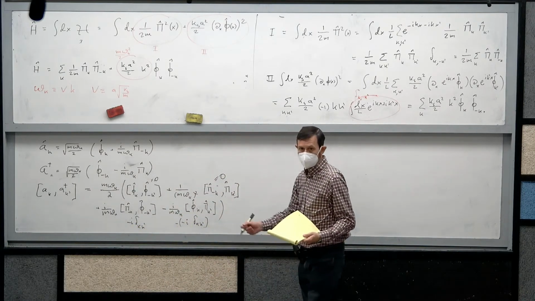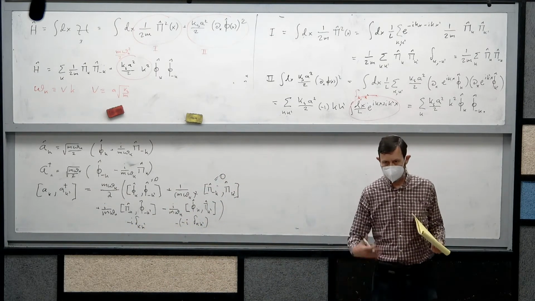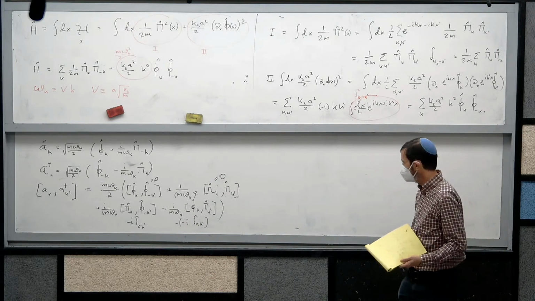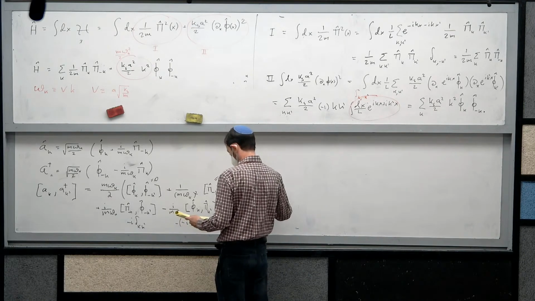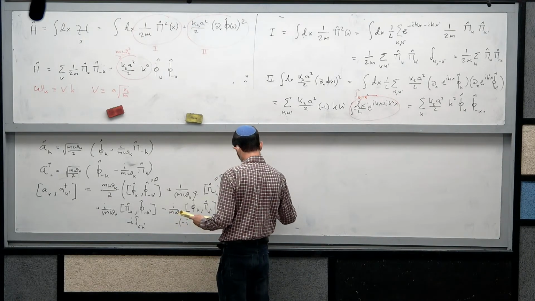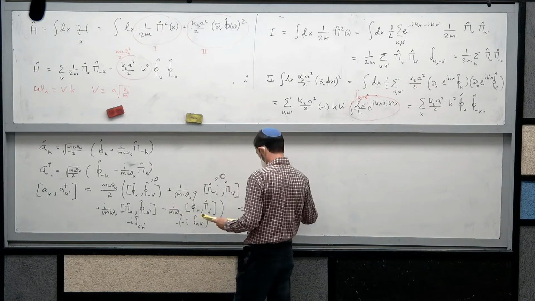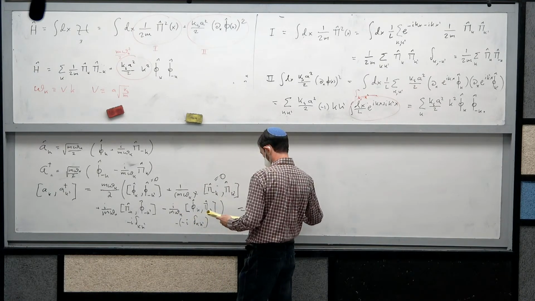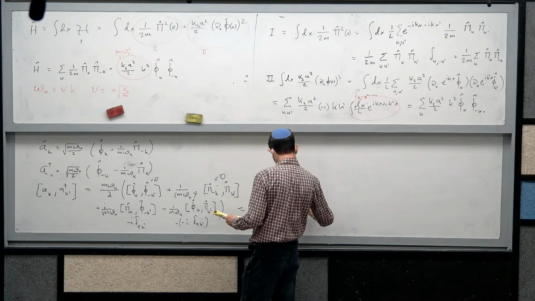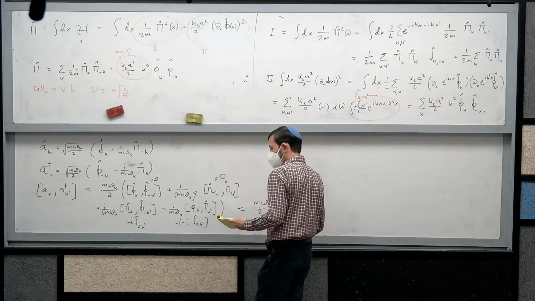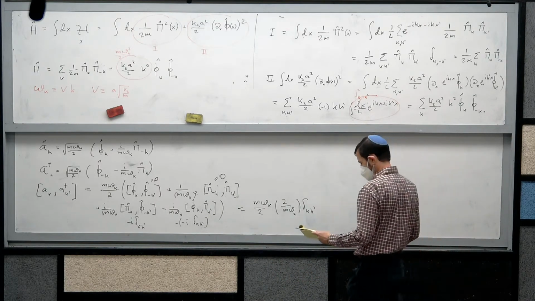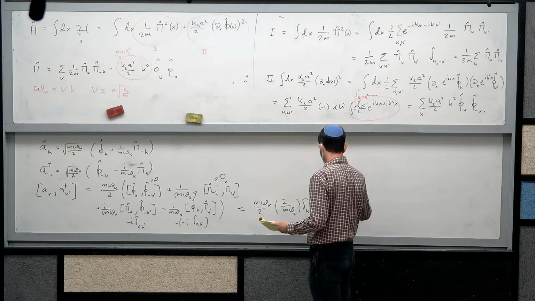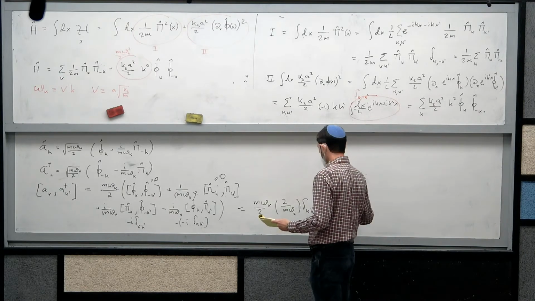Check the commutation relations that we wrote last lecture. And we end up here with, as expected.